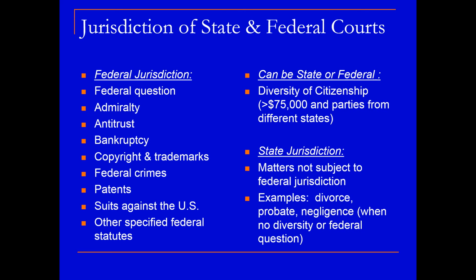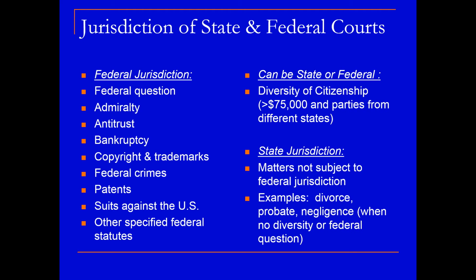An example might be, suppose that a trucking company in Arkansas, who has incorporated in Arkansas and has its principal place of business in Arkansas, travels to Oklahoma. The driver negligently runs over a citizen of Oklahoma, and that citizen wants to sue. Well, the citizen of Oklahoma may want to sue in the Oklahoma federal court system, and they would be able to do that if there was diversity of citizenship.